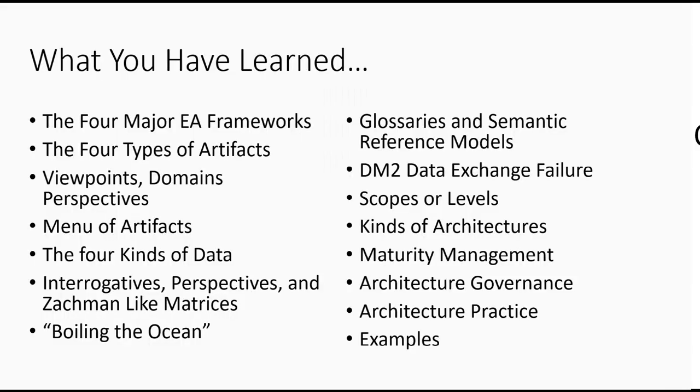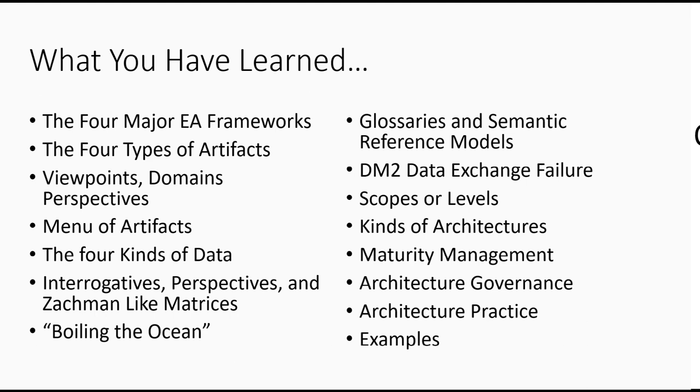So what you have learned. You've learned about the 4 major EA frameworks, the 4 types of artifacts, views, domains, and perspectives, and how they're roughly the same concept. The menu of artifacts and choosing different artifacts to fit your purpose. The 4 kinds of data. The interrogatives, perspectives, and Zachman-like matrices to organize data. The problem of boiling the ocean, the most common problem in enterprise architecture that we try to manage by having different types of architectures.